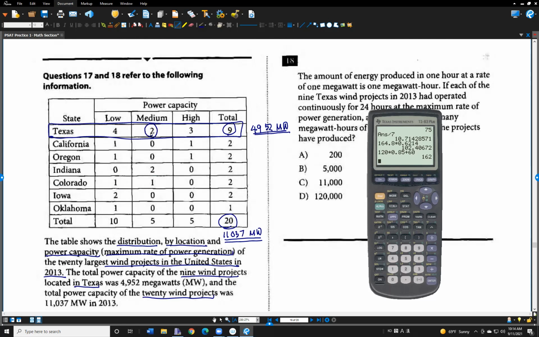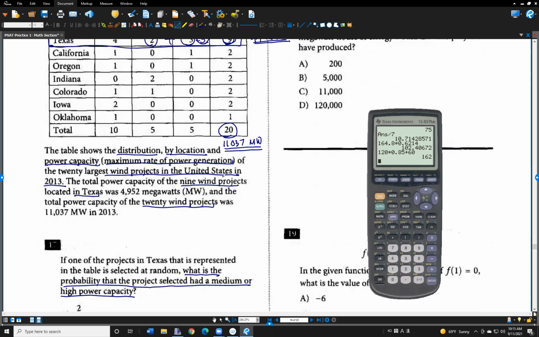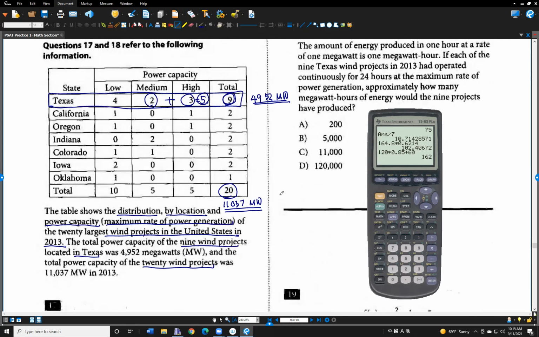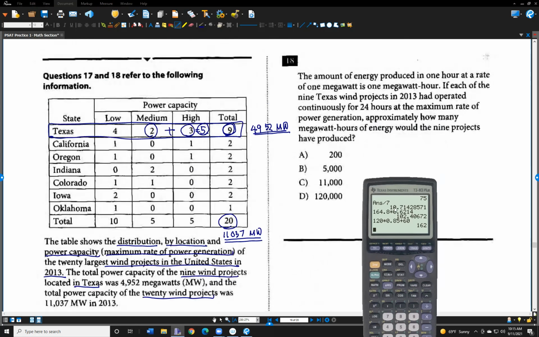Medium or high power capacity out of 9 is 2 plus 3, which is 5, isn't it? The probability is 5 over 9. That's the answer. We're going to select a wind project in Texas, but 9 is the right sample space.